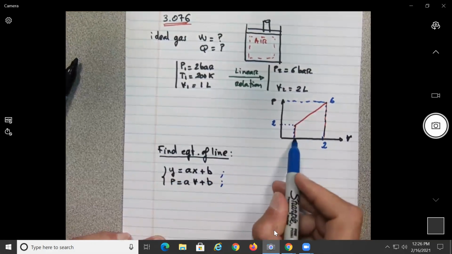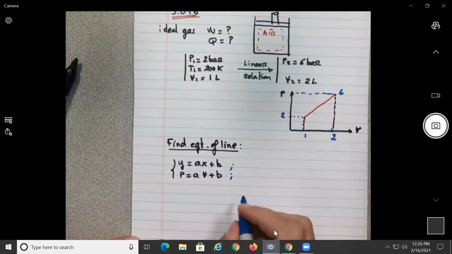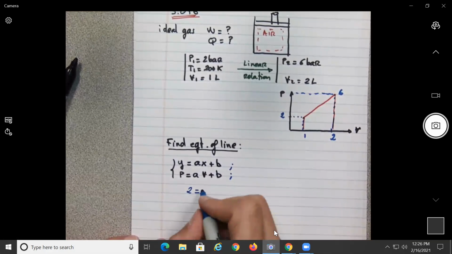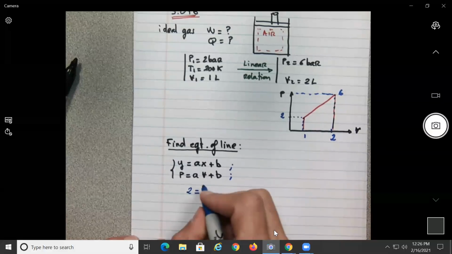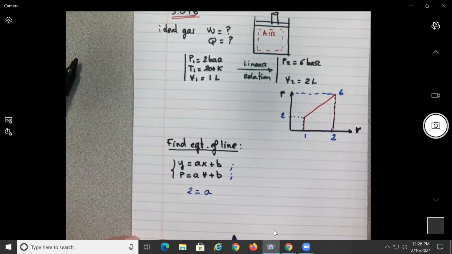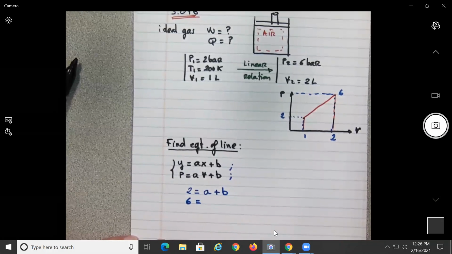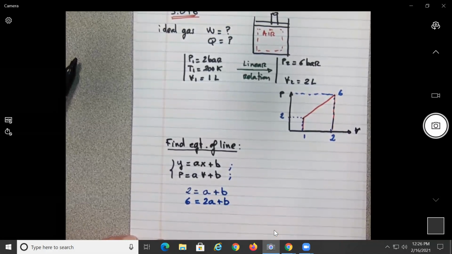So 2 should be equal to a times 1 plus b. And 6 will be equal to 2a plus b.